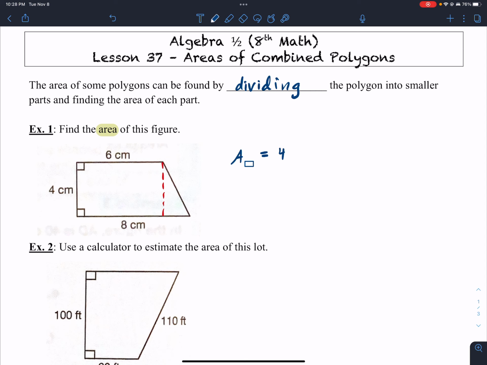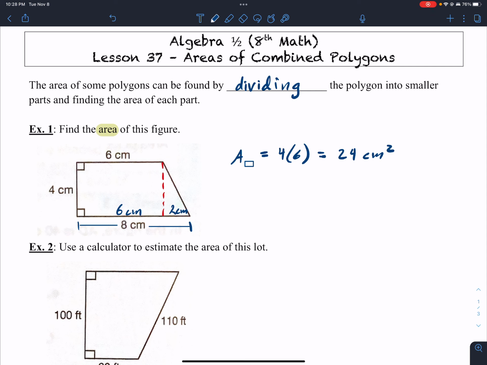I said 8 times 4, but this 8 here is the entire length of the polygon, which means this piece is 6 centimeters, and that leaves this piece to be 2 centimeters. Got to be careful there. So 4 times 6, not 4 times 8, and that gives us, of course, 24 square centimeters, because it's centimeters times centimeters.